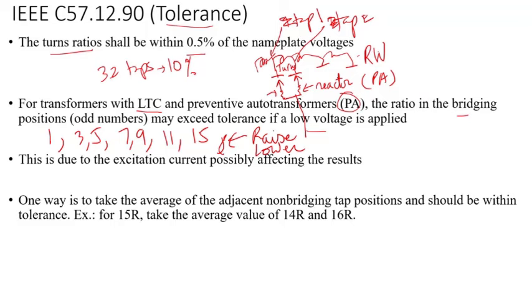In the even numbers, the two selectors will be on the same tap. In this case, the PI is not excited, so it's not an issue.